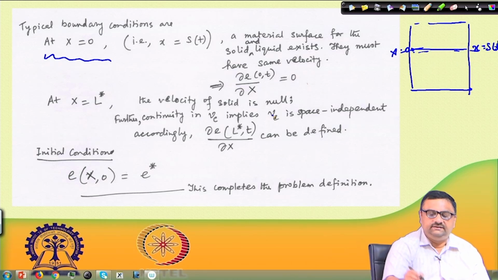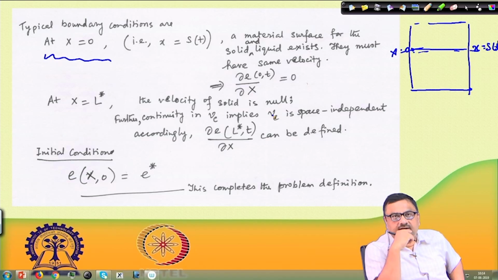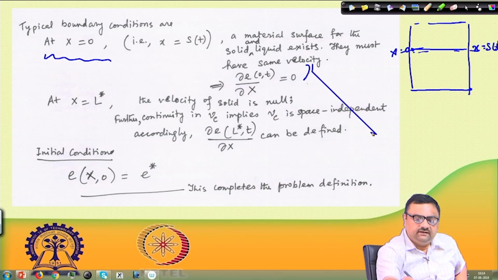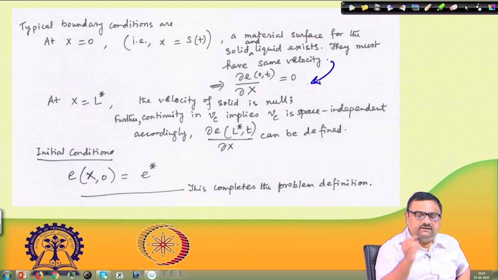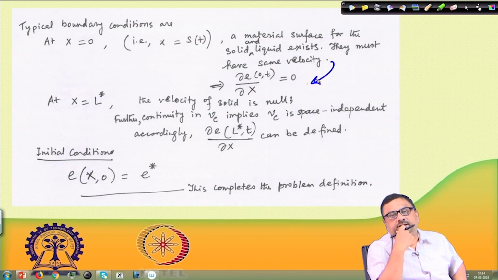So, in that case this del E del x has to be equal to 0. This is one of the observations they have, that del E del capital X has to be 0.